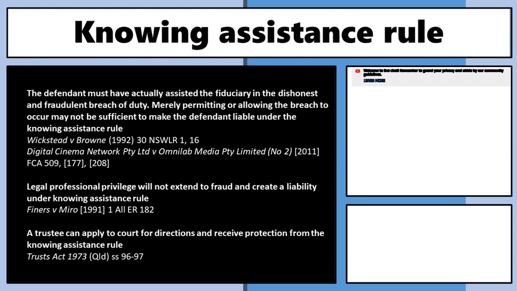And the court said, though, in this situation, there were a couple of things. Firstly, this is a UK case, so they used the equivalent of what we now have in Queensland in sections 96 and 97 of the Trusts Act. And they said, first of all, legal professional privilege doesn't apply to fraud, not actual fraud.